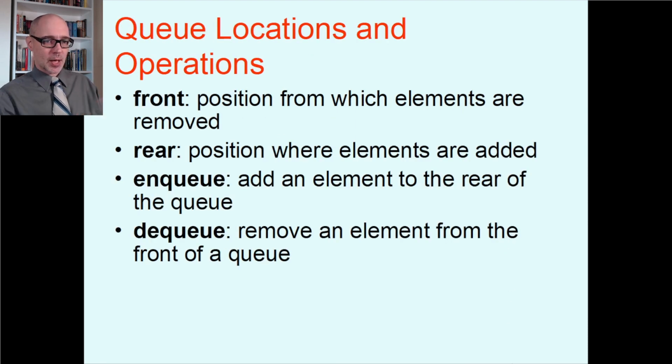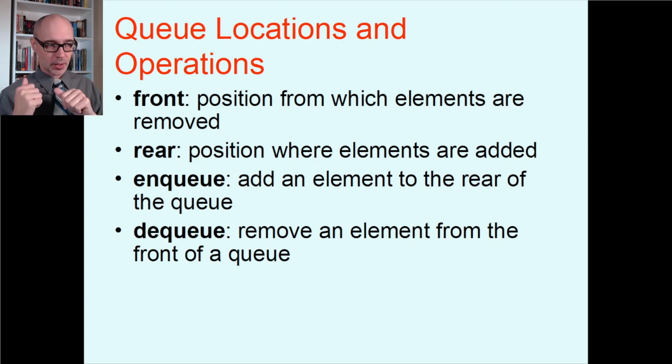All right, so let's just talk about the locations, right? You're tracking these two separate locations. Probably inside your class, there'll be a pointer if it's a linked list version, or there'll be integer variables for the subscripts if it's an array version. But you've got to keep track of the front, which is the position where the elements are being removed from.